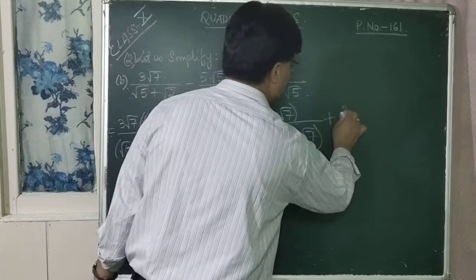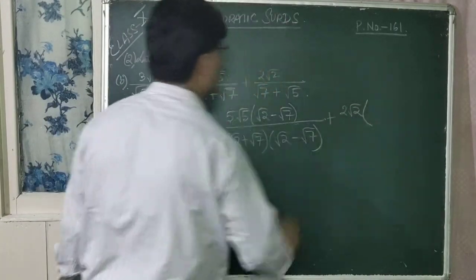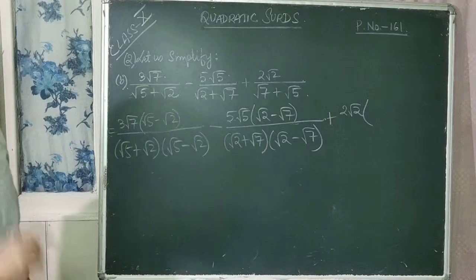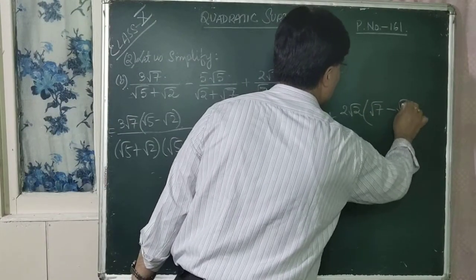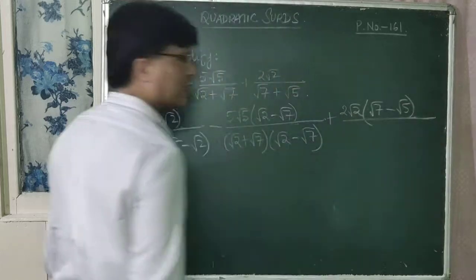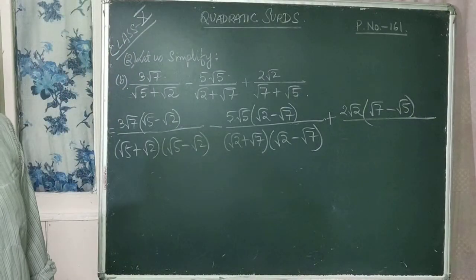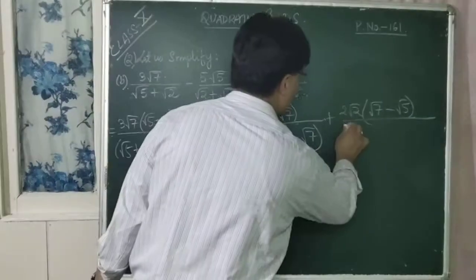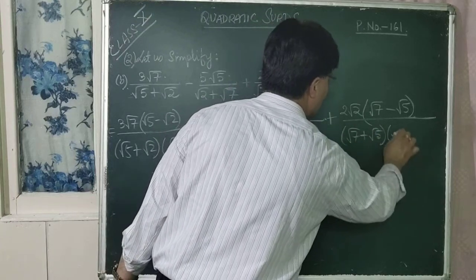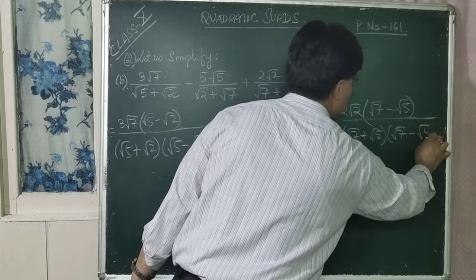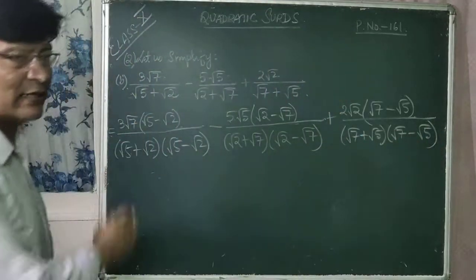Next, you know how to simplify this third term now, isn't it? Now you can tell me what is it? 2 root 2 into, by what do we multiply the numerator and denominator? Rationalizing factor root 7 minus root 5 whole divided by, so in the denominator what do we write? Root 7 plus root 5 into root 7 minus root 5. Is that clear?